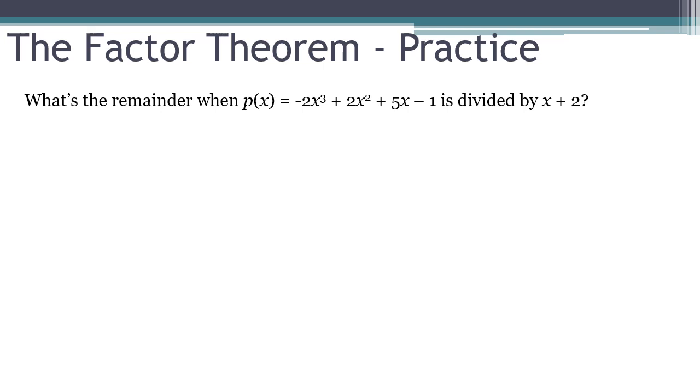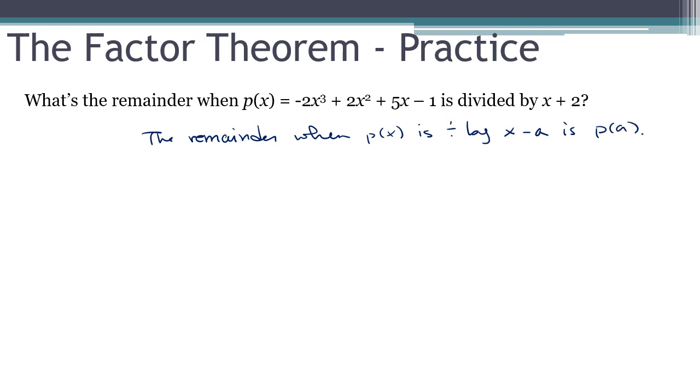Okay, so the first thing you have to be aware of, the factor theorem, the remainder theorem, they're very specific in their language. They say the remainder, we're talking about remainders here, right? So we'll do the remainder theorem. The remainder when p of x is divided by x minus a is p of a.